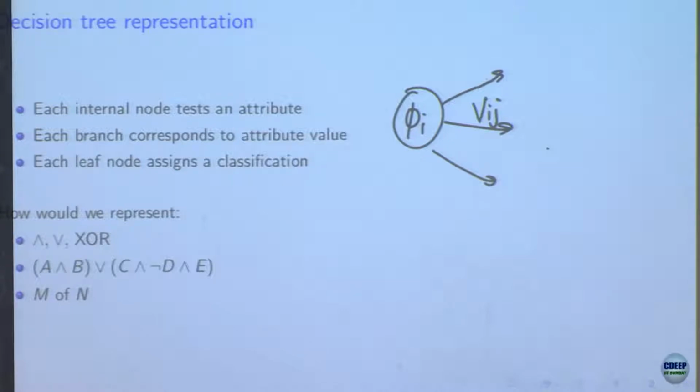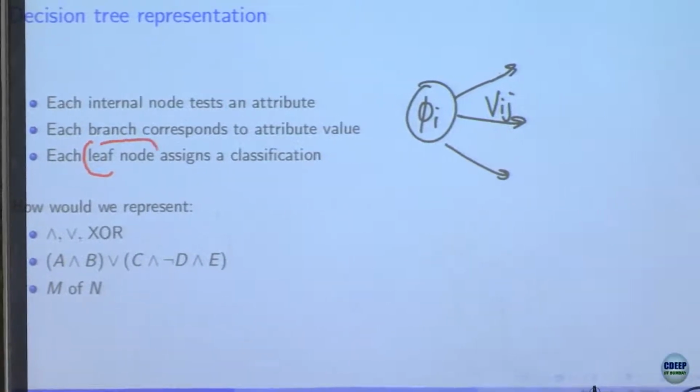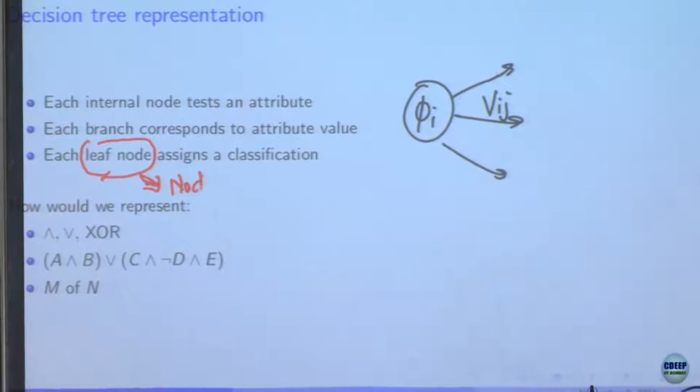The concept of a leaf node is basically a pure node, a node with high purity.